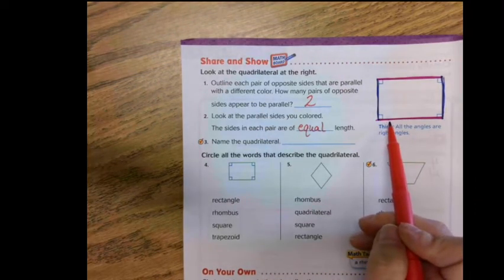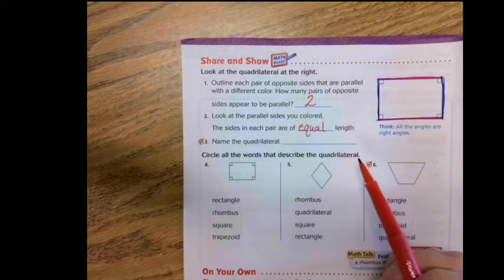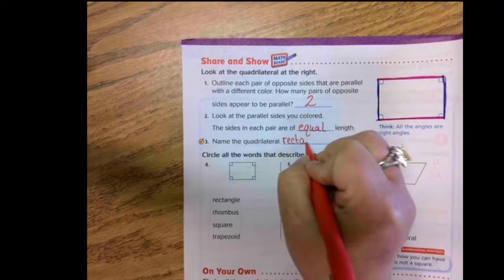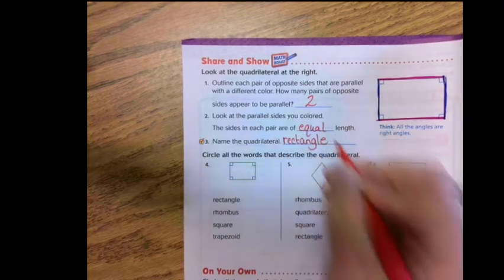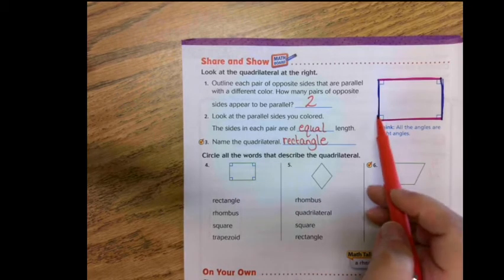Can I name this a square? No, I cannot. And that is because all four sides are not the same length, okay? However, I can name this a rectangle because, remember, the characteristics of a rectangle are two pairs of opposite sides that are parallel, and that's exactly what I've shown.